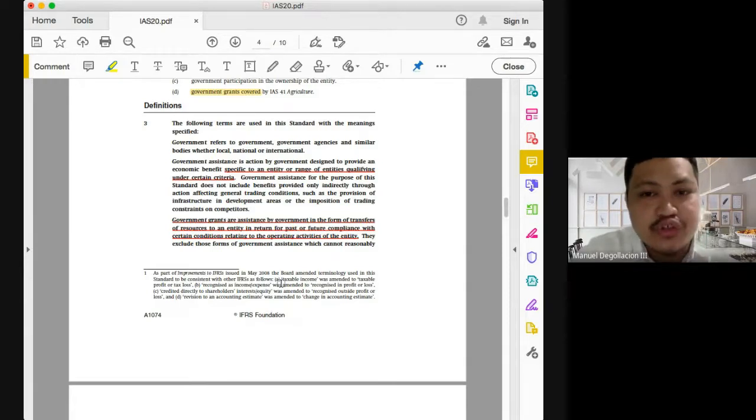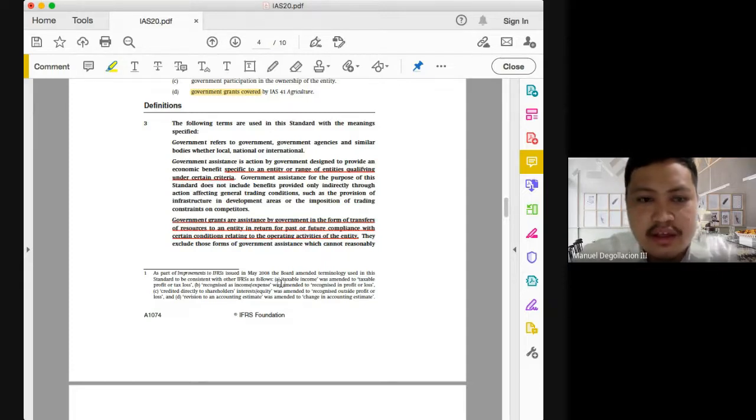Sorry, the other choices should not refer to government grant. But basically the student will just be choosing between government grant and government assistance. But for some students who really did not bother learning anything for PAS 20, as they go over the definition, they would read, blank are assistance by the government.